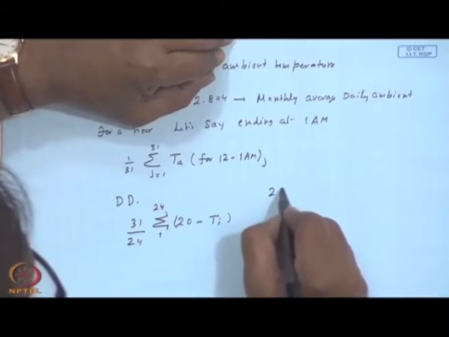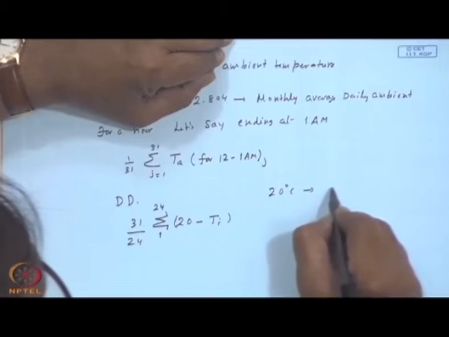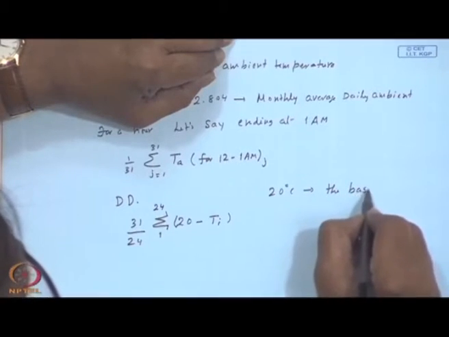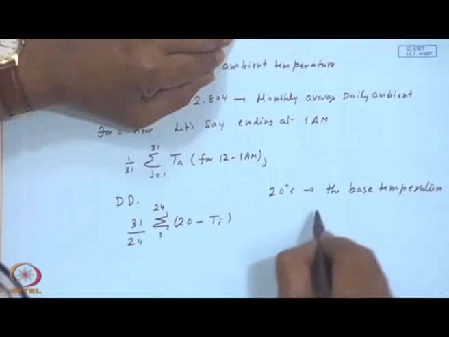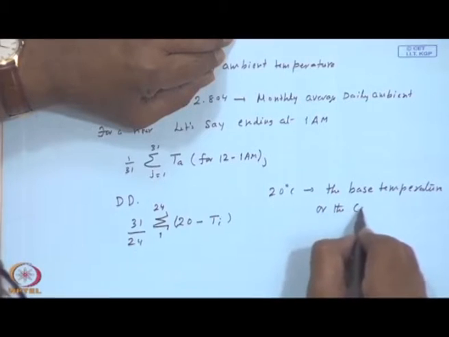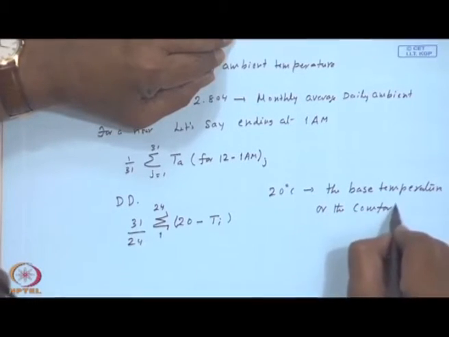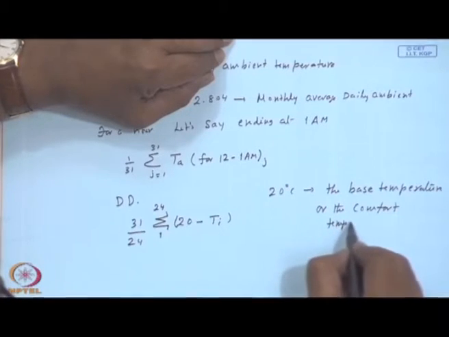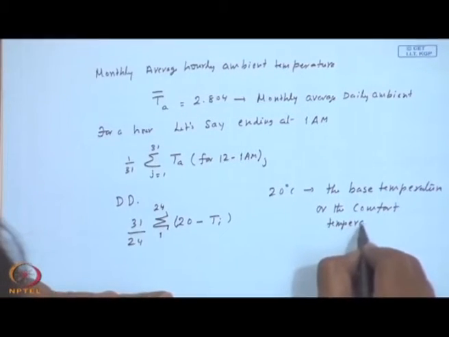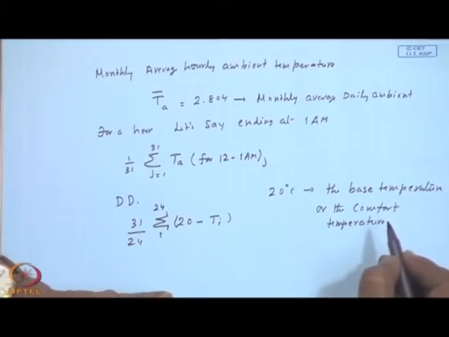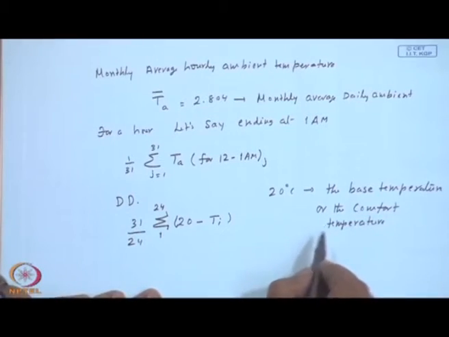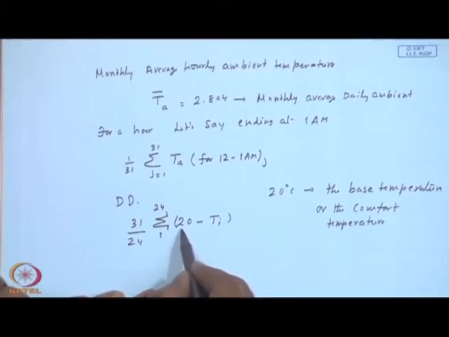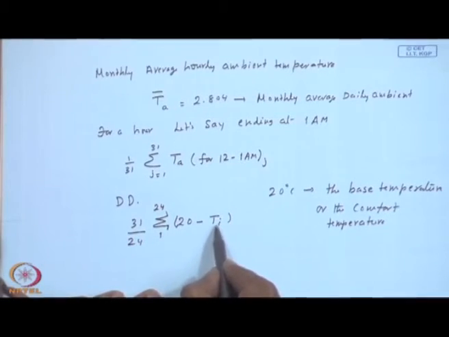So, 20 degrees C I assumed as the base temperature, or the comfort condition. It could be 18.7; many people use 19 or 18.7, assuming that there will be internal heat generation due to lighting, cooking, etcetera. However, I just used 20, it's a round number, and this T I changes from 1 to 24 hours on each day.